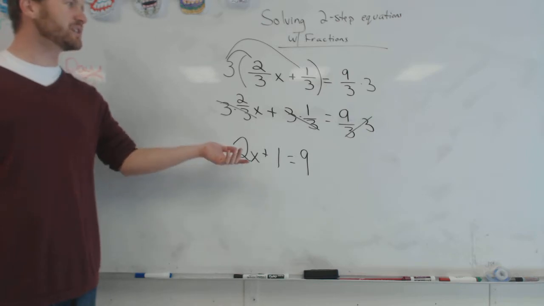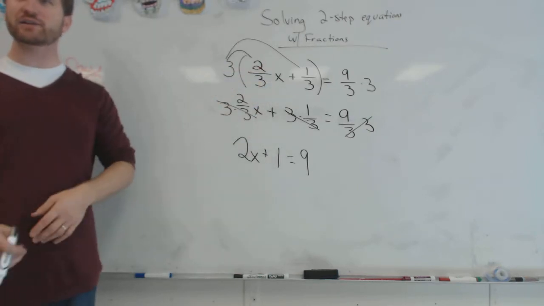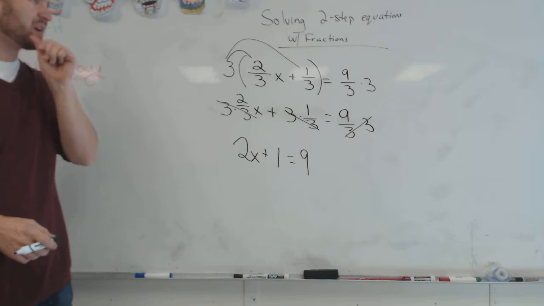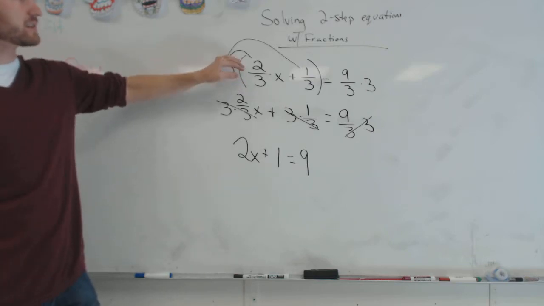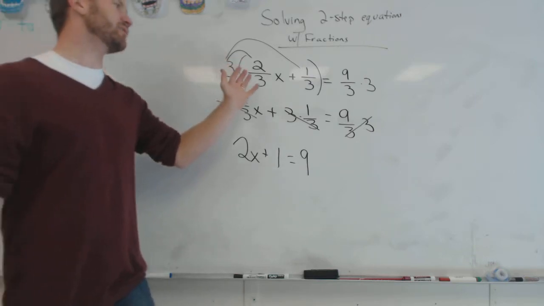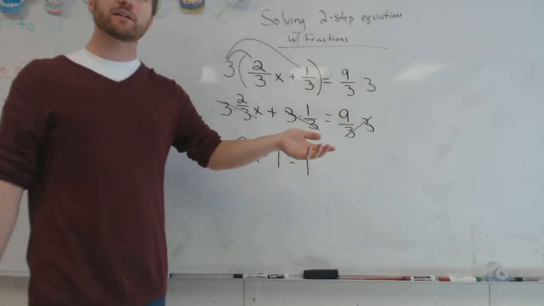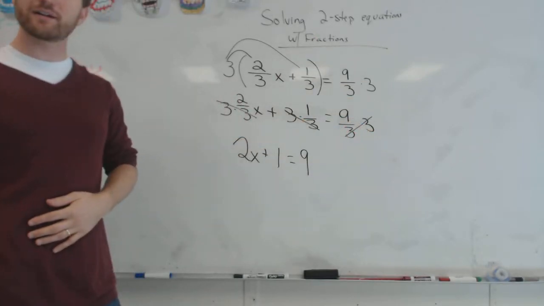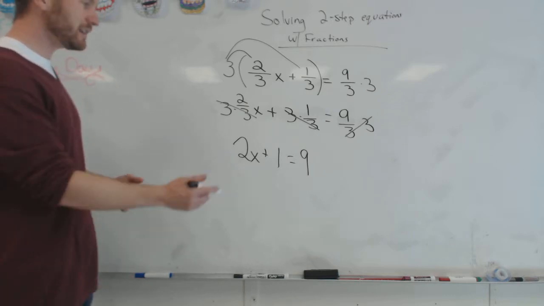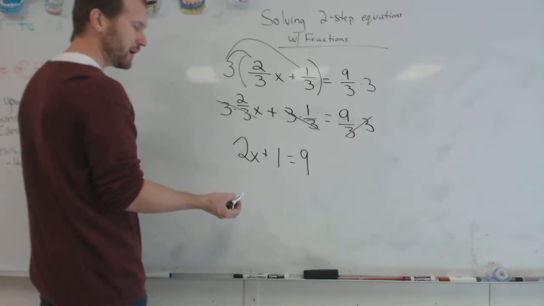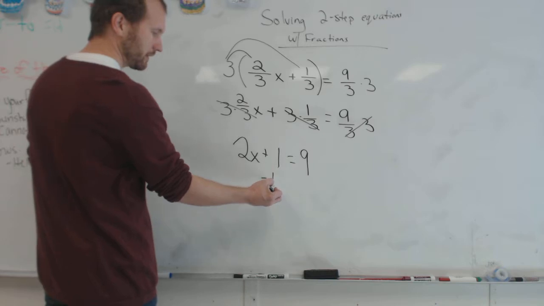That seems so much easier than working with all those fractions. In this one, I would have had to use the reciprocal and multiply by 3/2, and I would have had a fraction times 3/2. Ugh, terrible. This way, I just have to do what? Solve it.